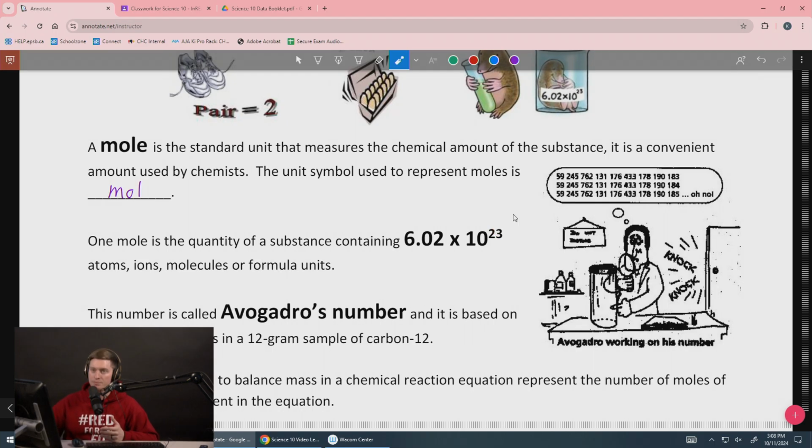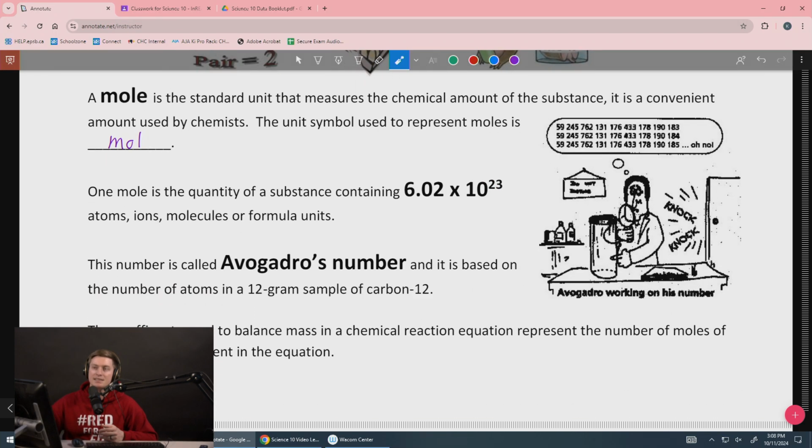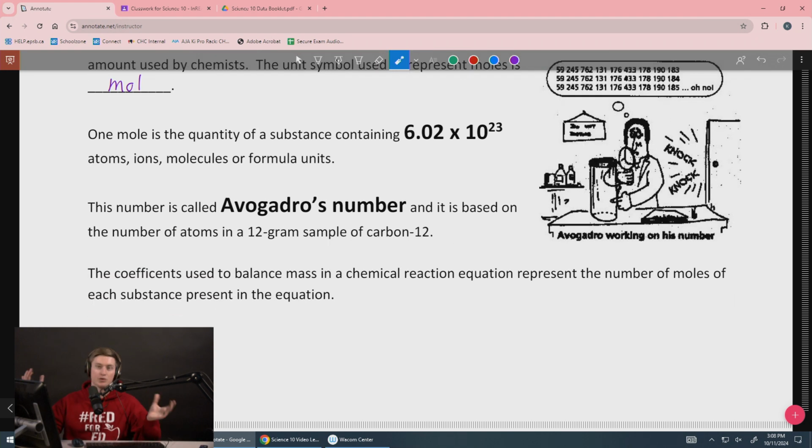It's a huge number. There is a scientist named Avogadro. He had other names. I don't remember them all. We call him Avogadro. Avogadro's number is based on his experiments. Now we say that it's based on the number of atoms in a 12-gram sample of carbon-12. He did experiments with gases, came up with this number as the number of particles that exist in one grouping that could be measured.